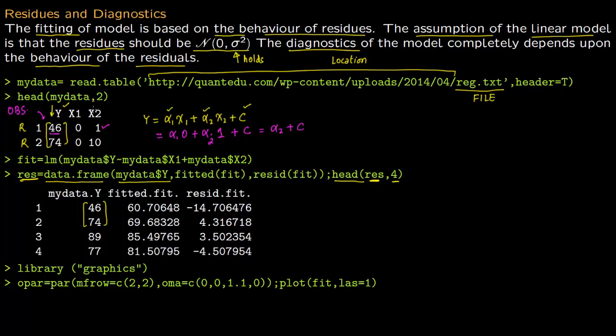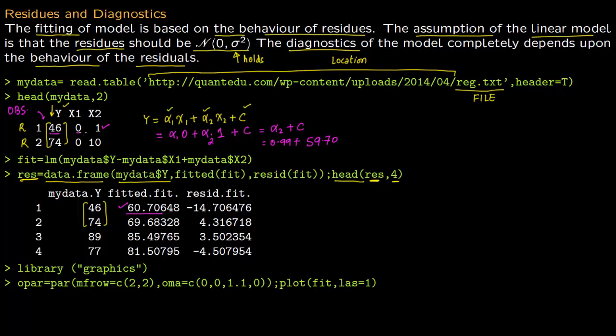If you actually fit the model and find the coefficients, you would see that this alpha 2 is 0.99 and this c is fitted as 59.70. So this comes from coefficients. We have seen this model in previous lectures, and you add this up, you get 60.70 right here. So this is the fitted value which comes from here.